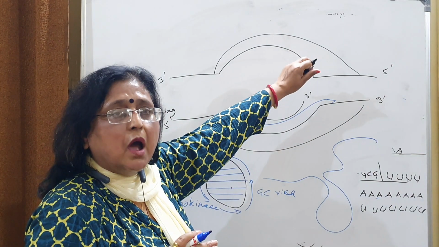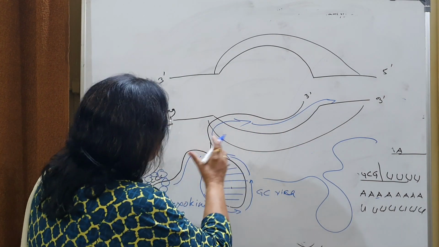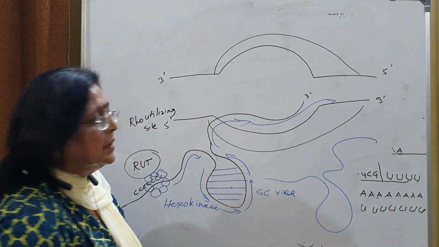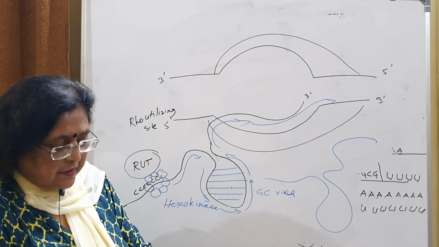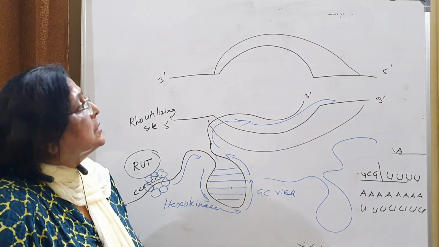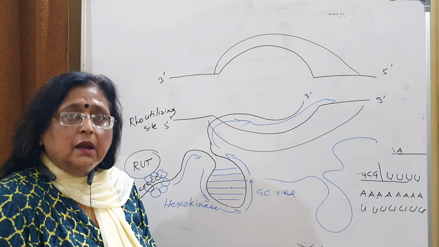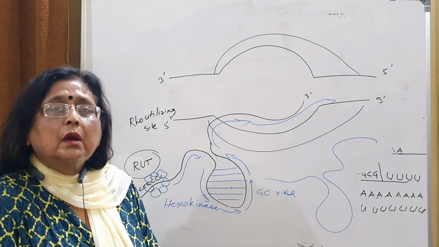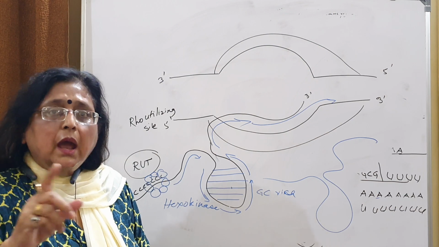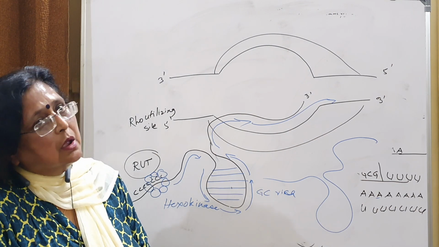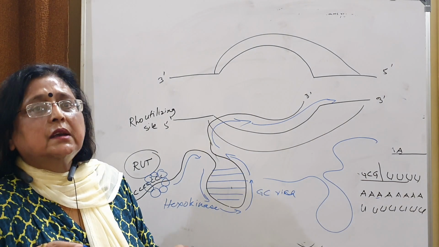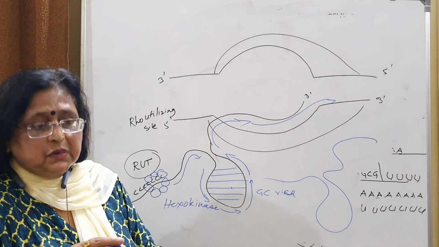RNA polymerase goes out and the new RNA strand is left in the cytoplasm. So in this way, the termination process of RNA is completed, both Rho dependent and Rho independent. So now we can see that mRNA has been transcribed. Thank you.